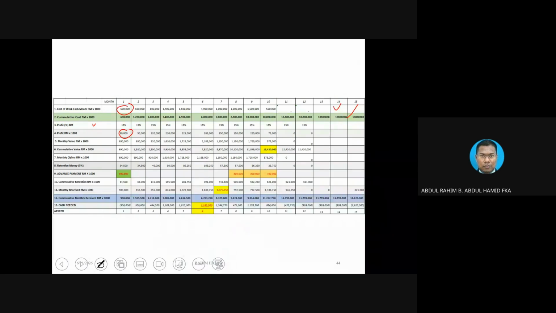And then using this formula plus P, or how do you get 690? Simple, 600 times 1.15. Of course, you are going to get 690 in a fast way. So you can skip, for instance, row number 3 and 4, because you already know how to calculate. Then cumulative value, monthly value you already know, then you convert into cumulative.